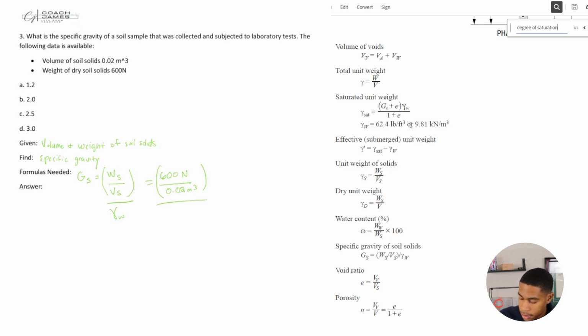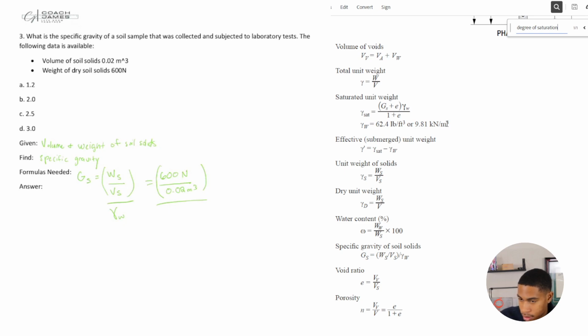kilonewtons per meter cubed. But if you notice, we want our units to cancel because our answer doesn't have any units. So if I want my units to cancel, I need to get everything in newtons and in meters. If I put this in as 9.81 kilonewtons, that's not in newtons, it's in kilonewtons. I need to get that to newtons.